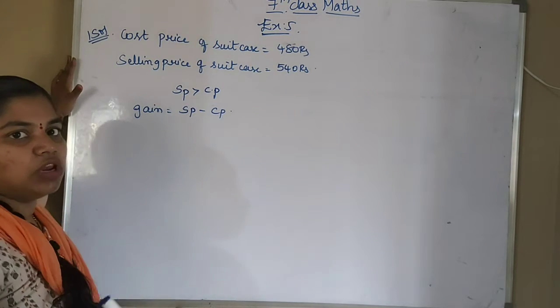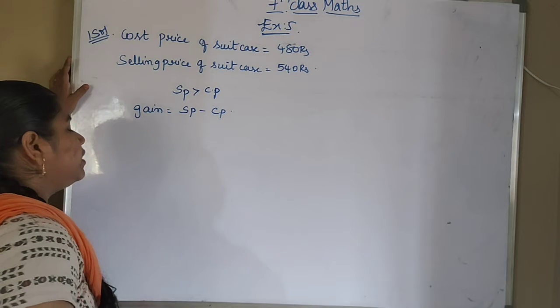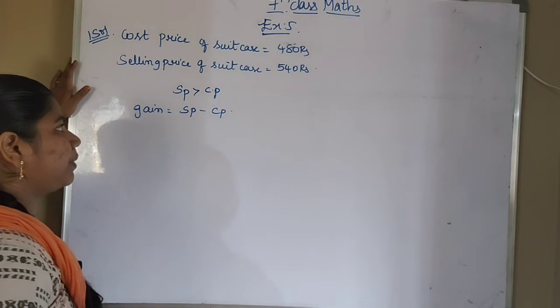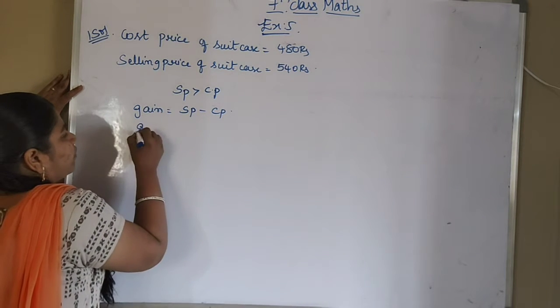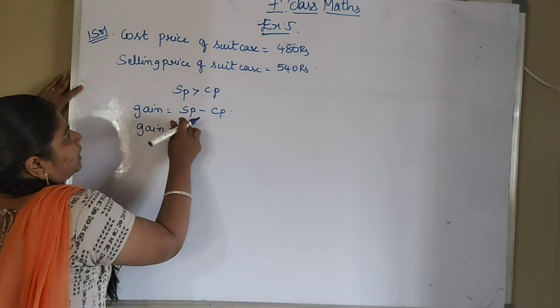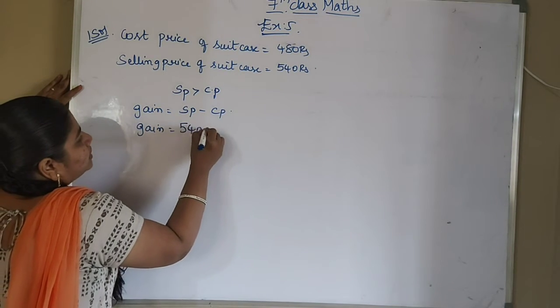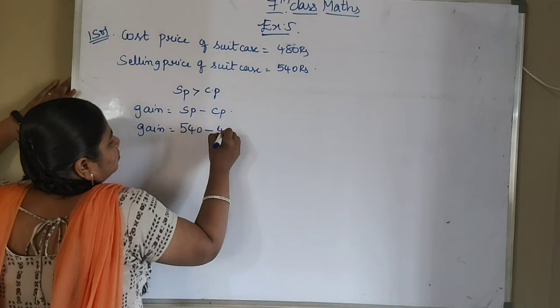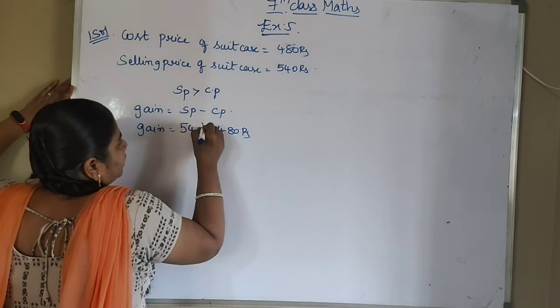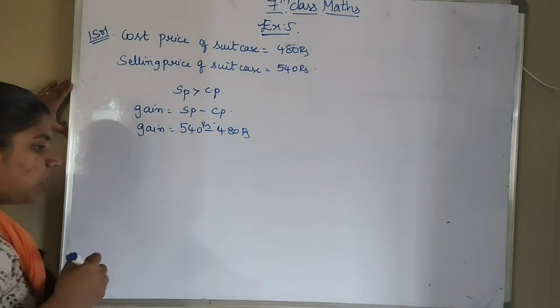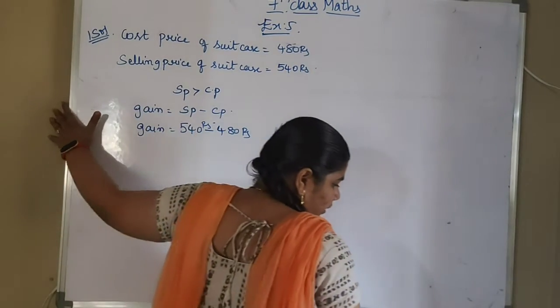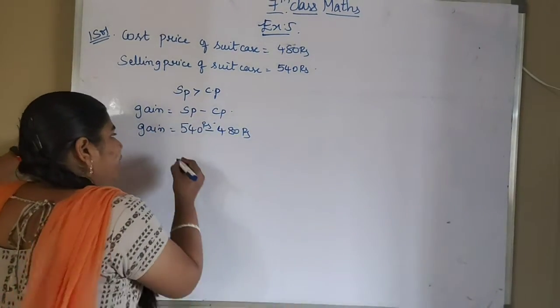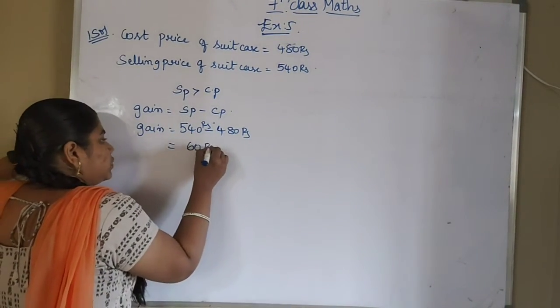Already I gave you all the formulas, once you check in that. So gain is equal to SP minus CP. Gain value is how much now? SP is 540 rupees and CP is 480 rupees. So 540 minus 480 will be equal to 60 rupees.